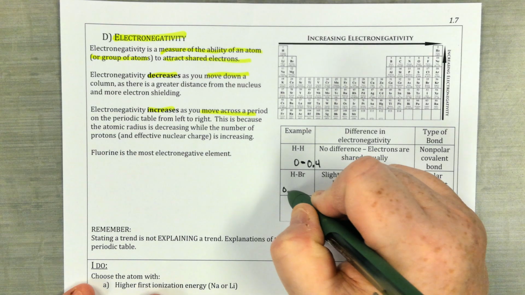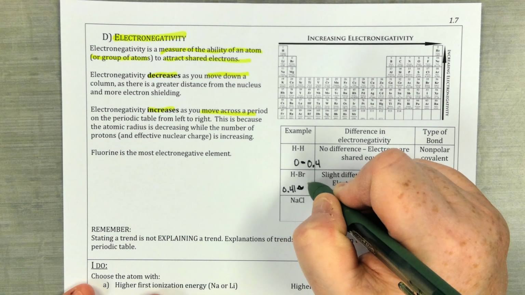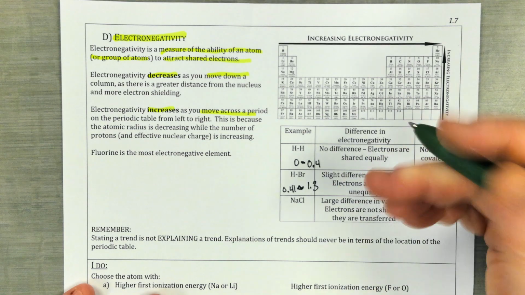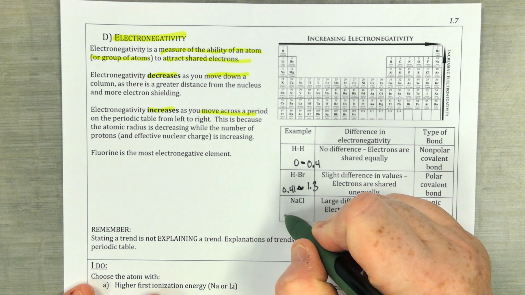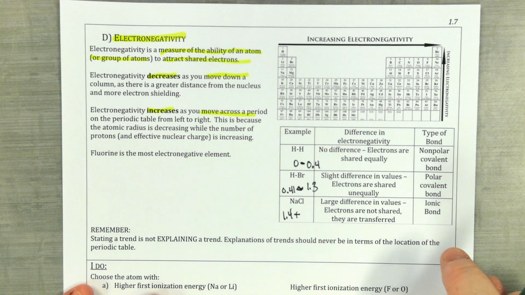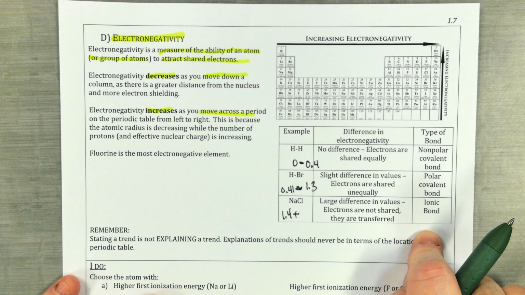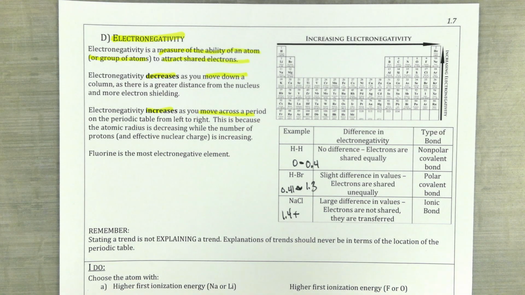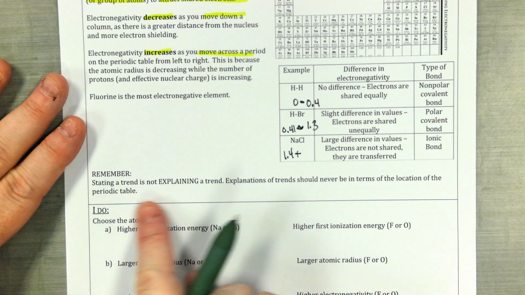This is 0.41 to approximately 1.3-ish, 1.5-ish. That's polar covalent. And then this is typically 1.4 and plus, okay, where you get a total transfer of electrons. Right? So this is the ability of one element to steal another element's electrons. That's what electronegativity is.